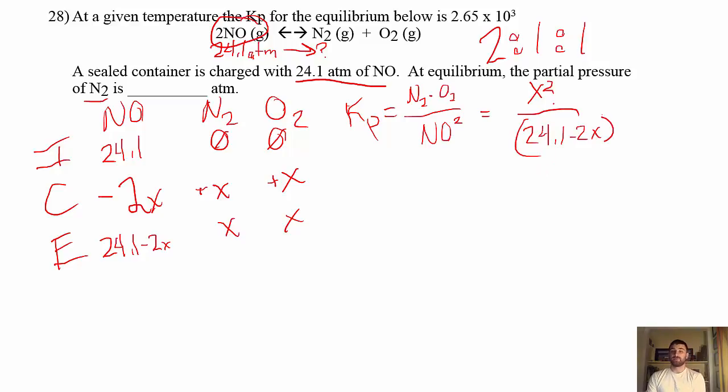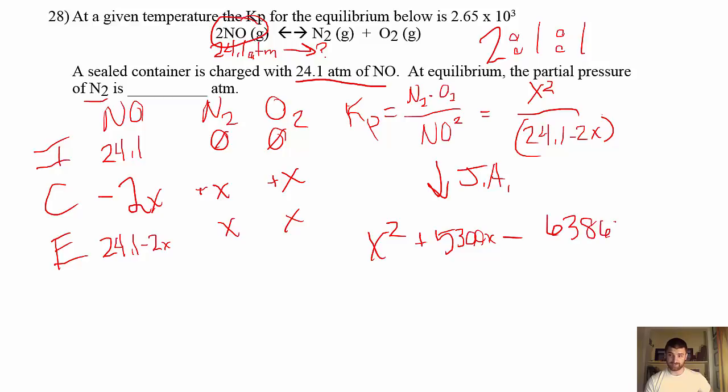Now we have to rearrange and put it into the ax squared plus bx plus c setup. So we do just a little algebra, and we get x squared plus 5300x minus 63865 equals 0.